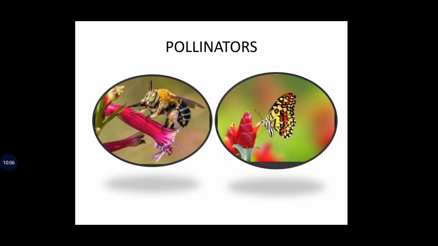The next topic we have to discuss is pollinators. To attract pollinators, for example insects, plants are bright in color and produce smell in their flowers. Plants which are pollinated by honey bees and butterflies have sweet scents and bigger colorful petals.